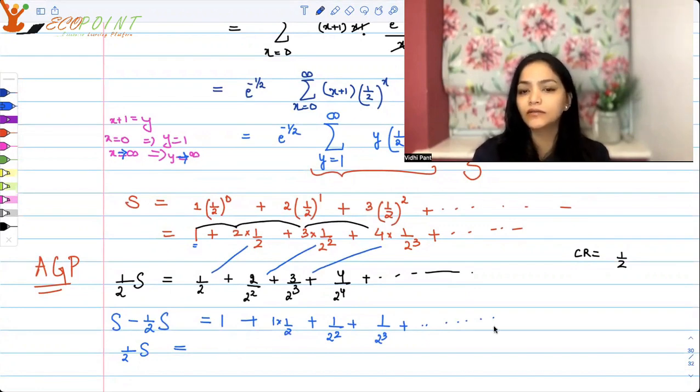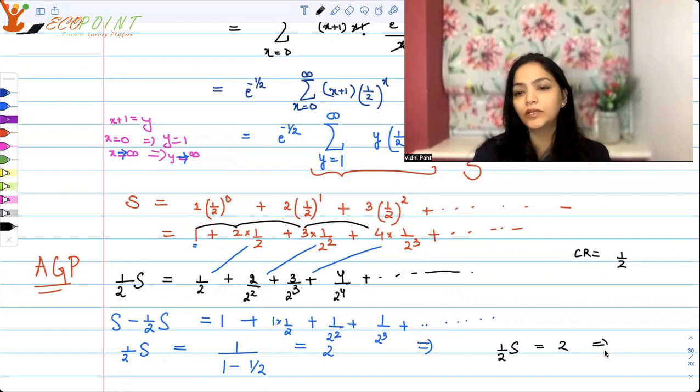This is an infinite geometric series, whose sum is a upon 1 minus r. So 1 upon 1 minus half equals 2. That implies half times S is equal to 2, which implies S is equal to 4.